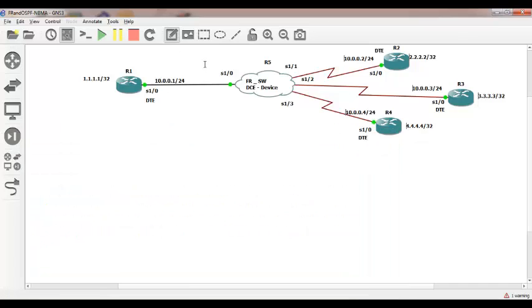For the tunnel that is going between R1 and R2, I'm going to give DLC number, let's say 102. For the tunnel between R1 and R3, I'm going to say 103. For the tunnel between R1 and R4, I'm going to say 104. On the other side, for the tunnel coming from router 2 to router 1, let's say 201.